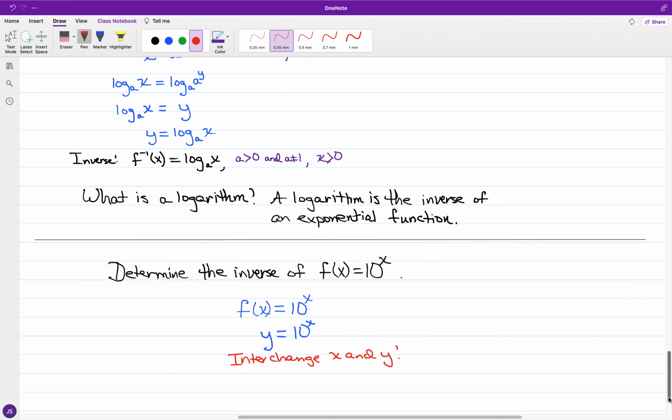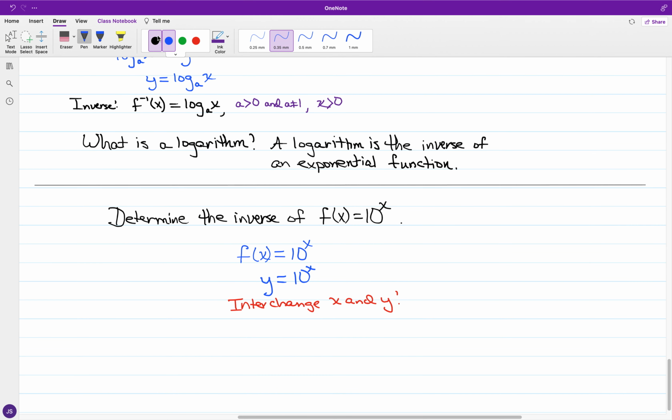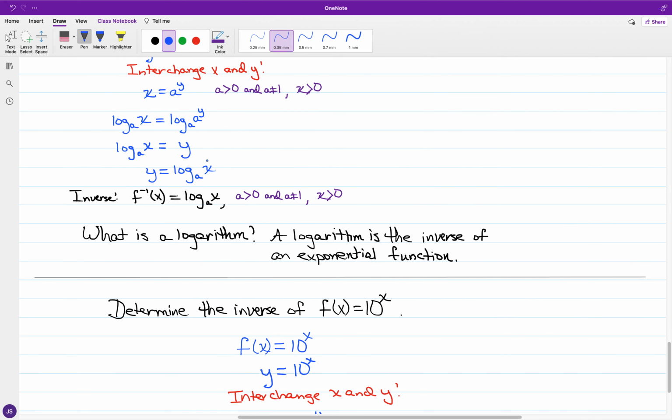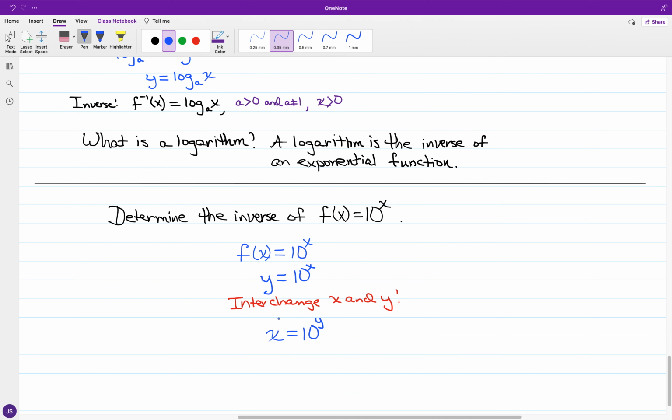And if we look at, once again, interchanging x and y, what was y becomes x, and vice versa. So you have x is equal to 10 to the y. And again, we have y stuck in the position of being a raised power. Just like before, for the escape hatch, I apply logarithms in the base that will match the number we have as our exponential base.